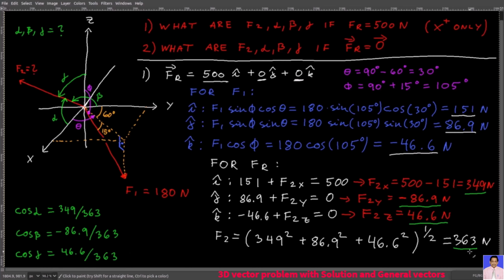That means that alpha equals 16 degrees, beta is 104 degrees, and gamma equals 82.6 degrees. You just need to take the inverse cosine here. And that's it, we have solved this part of the problem.